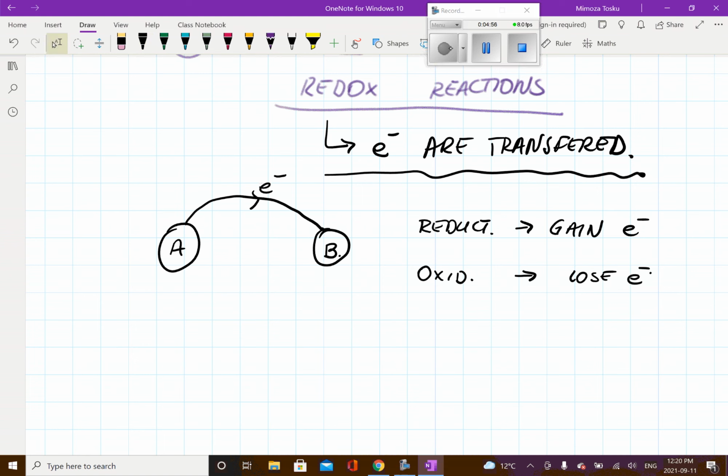So this is losing the electron and atom B is gaining electrons. Always electrons. Now, keeping in mind that when you are losing electrons, you are being oxidized, we can say that atom A is going through the process of oxidation.